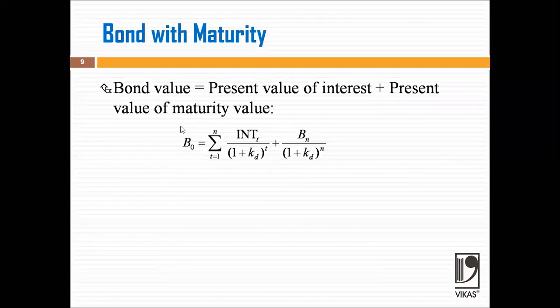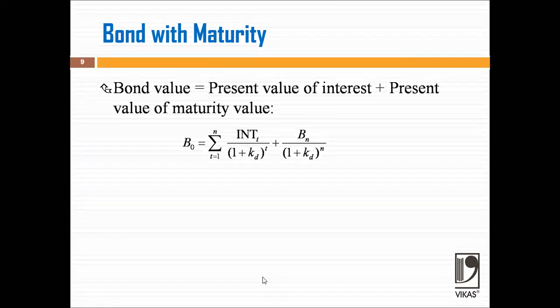Here you can find the formula to find the value of a bond with maturity. It has two things. The first part, can you see the mouse pointer movement on your screen?